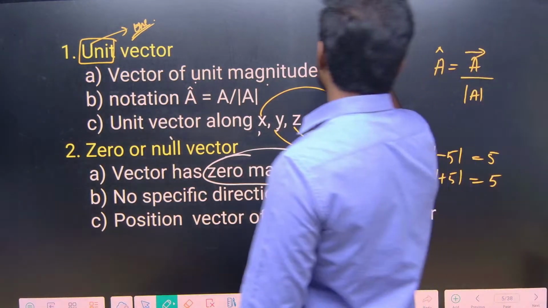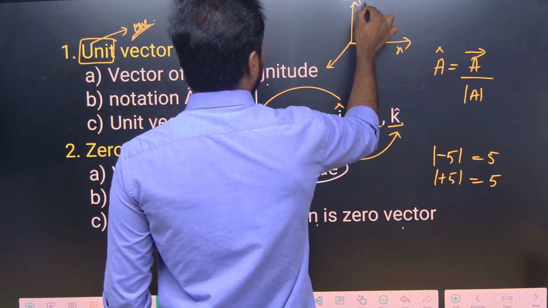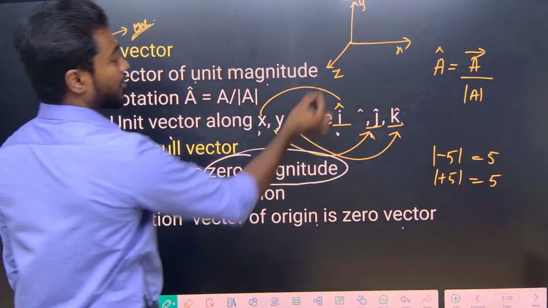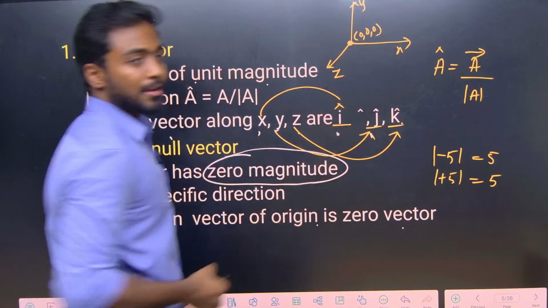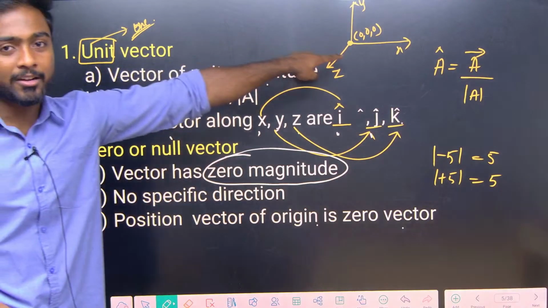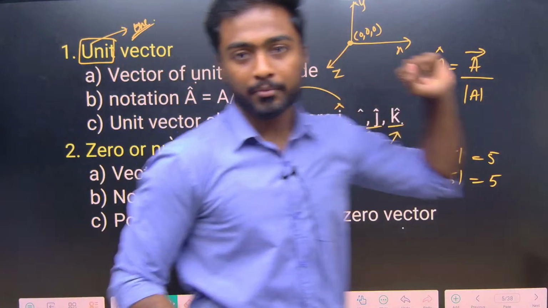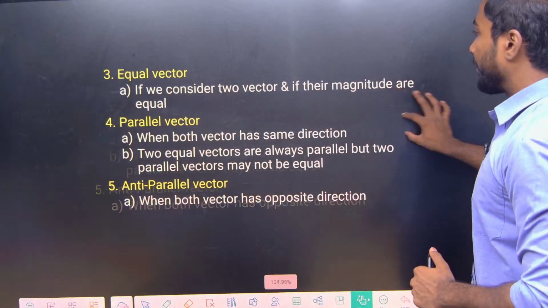With the x axis, y axis and z axis, the origin 0, 0, 0 is called the null vector or zero vector, which has zero magnitude.